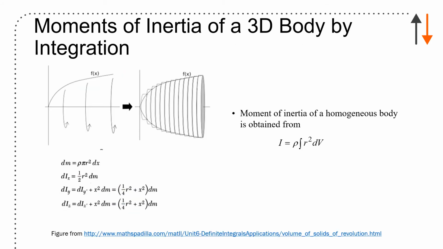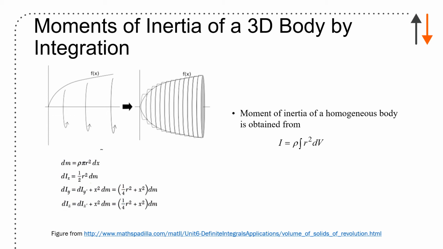Finally, we have moments of inertia of a 3D body by integration. So here, I've just taken, say, a parabola, rotated it around, and its elemental mass element can be defined as rho density pi r squared dx.